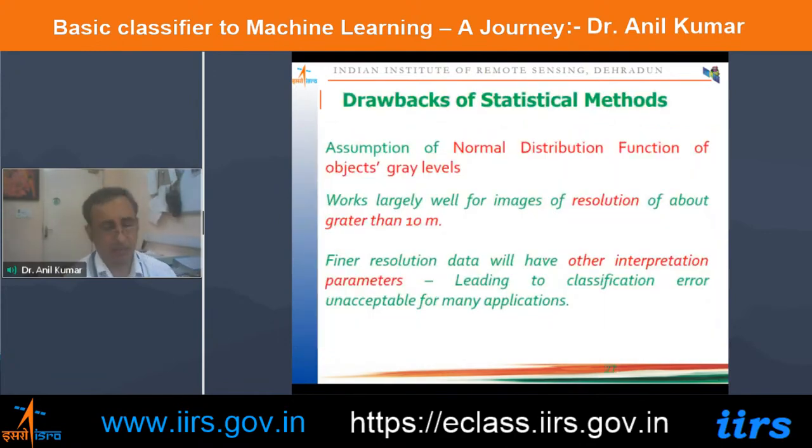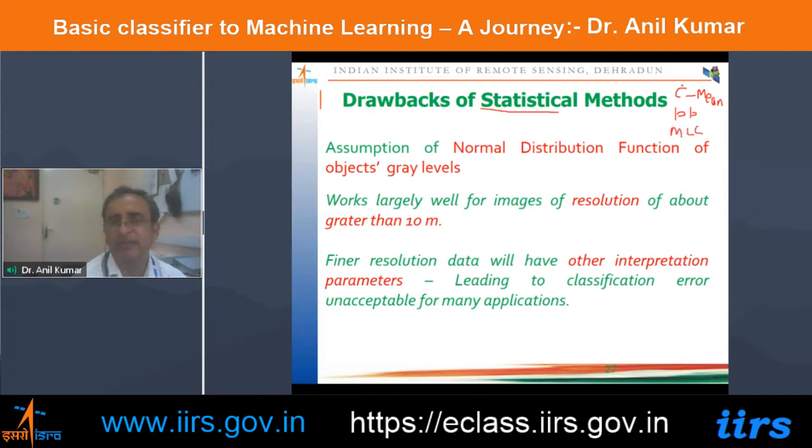Some of the drawbacks of statistical methods, if you see. Previously, there was no word called machine learning. Some classifiers were under the category of statistical methods, like your C-means, then parallelepiped or box classifier, or MLC, maximum likelihood classifier.